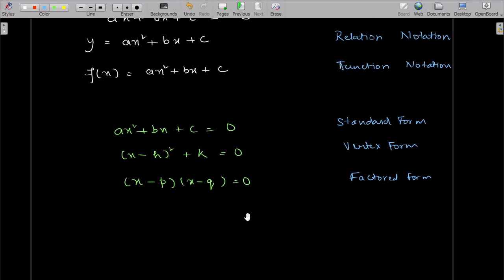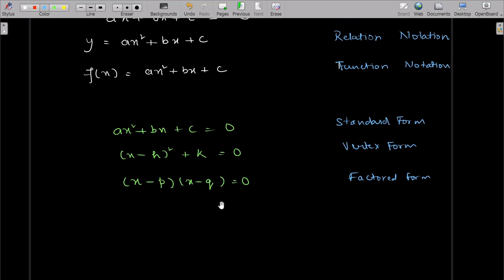Today we are going to see how we can convert a standard form to the vertex form, or standard form to the factored form, or vice versa. Take any permutation and combination, we should know how to convert one form into any other form.